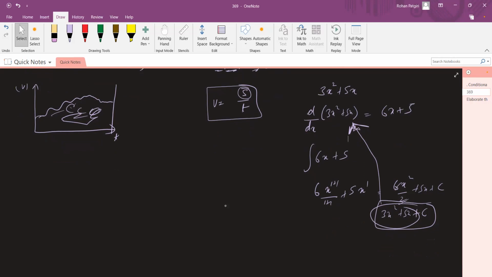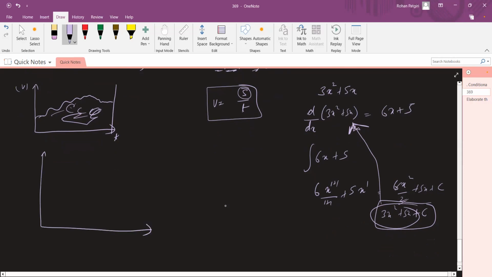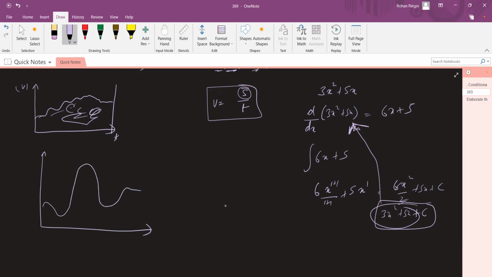And in case of application, suppose in optimization kind of things, we are asked to find the maxima and minima of a graph. Suppose this graph is represented by some equation, something like this.